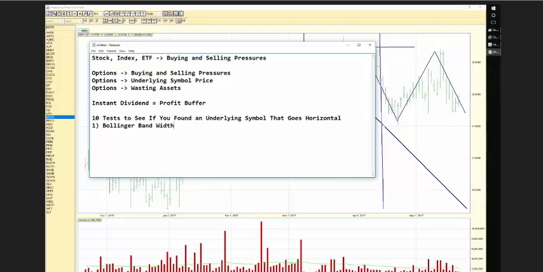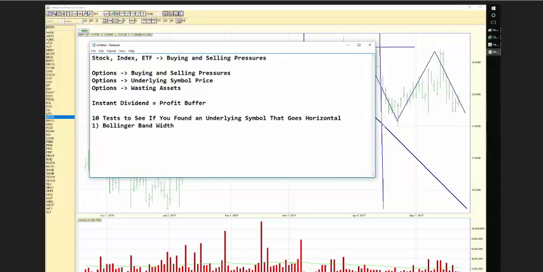We like to assign it 0 to 10. 0 means it would be squeezed down to nothing. 10 would be the widest it's been over the last 6 months. And we want the Bollinger Band width to be somewhere between a 4 and a 7, about halfway between the widest and the smallest that you've seen. In other words, not too tight, meaning not consolidating. We want to be seeing channeling, and that helps us see it.